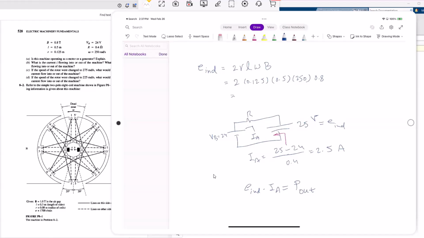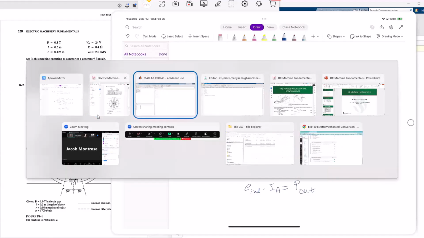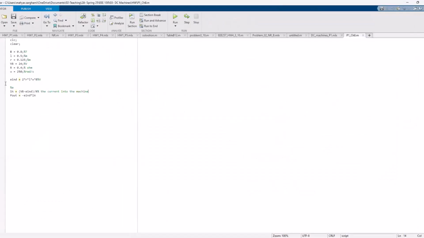Come back here. This would be E induced minus VB. Current out of the machine: if IA is greater than 0, then we know that the machine is a generator.